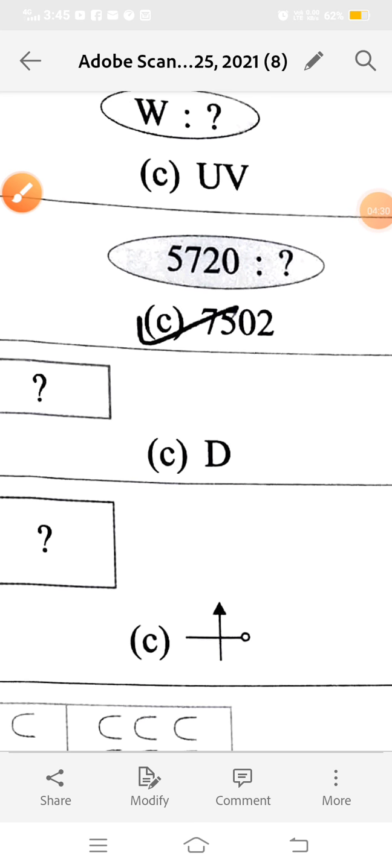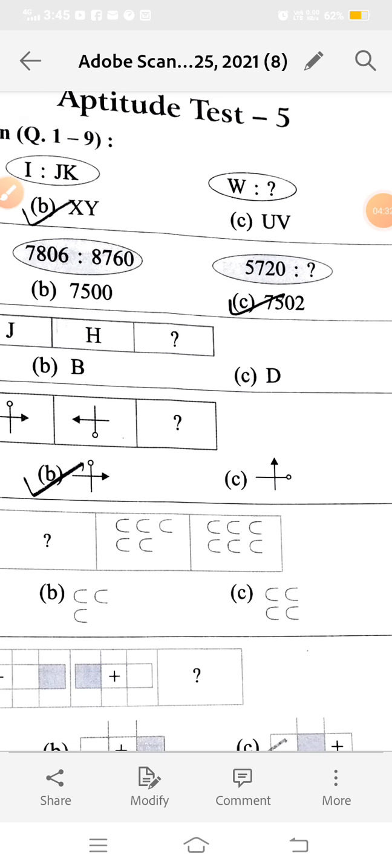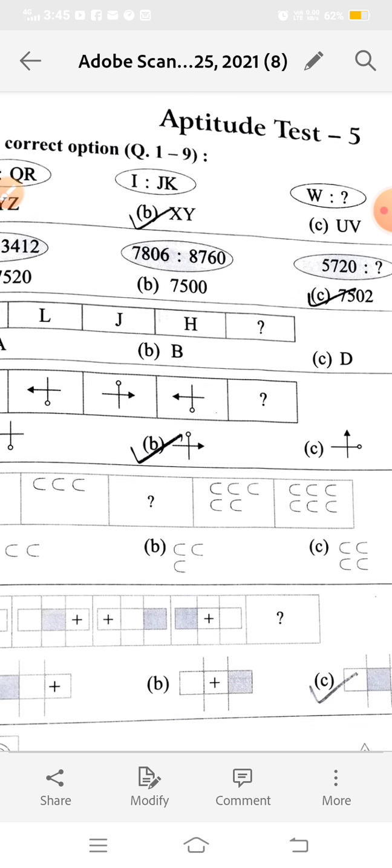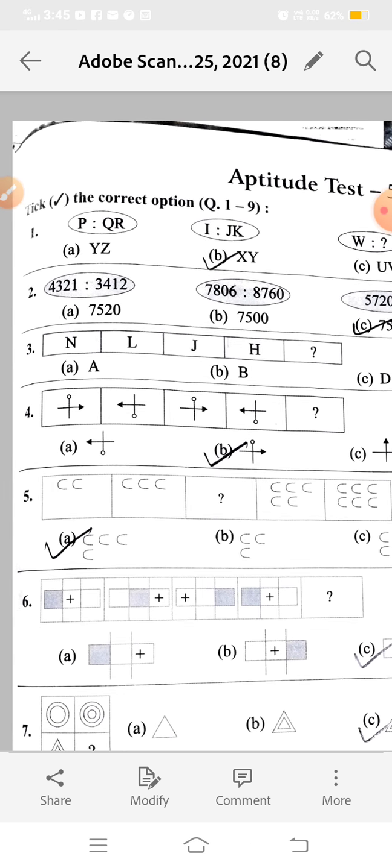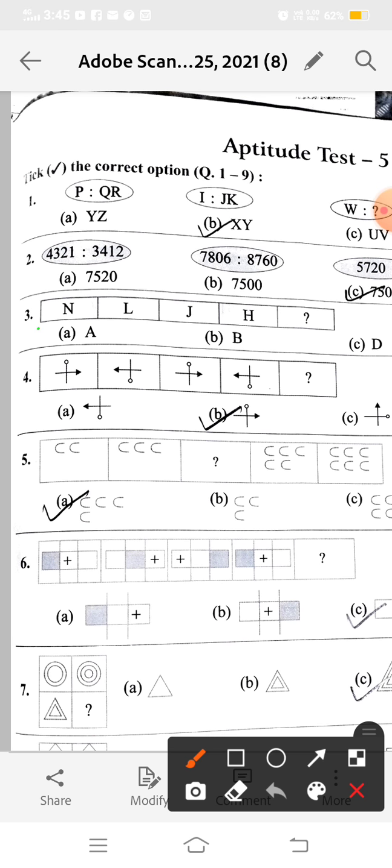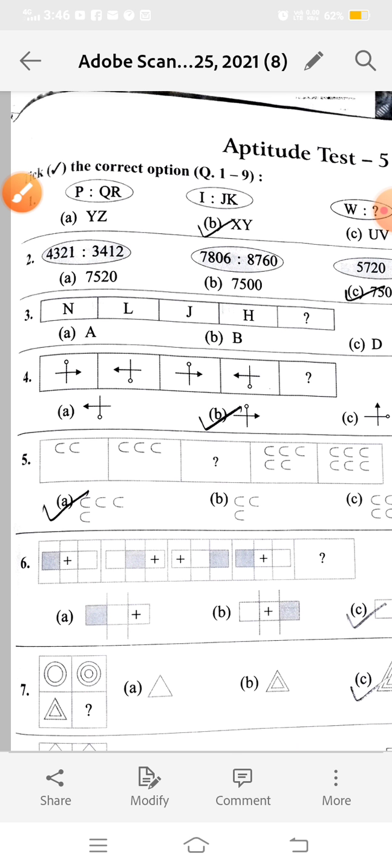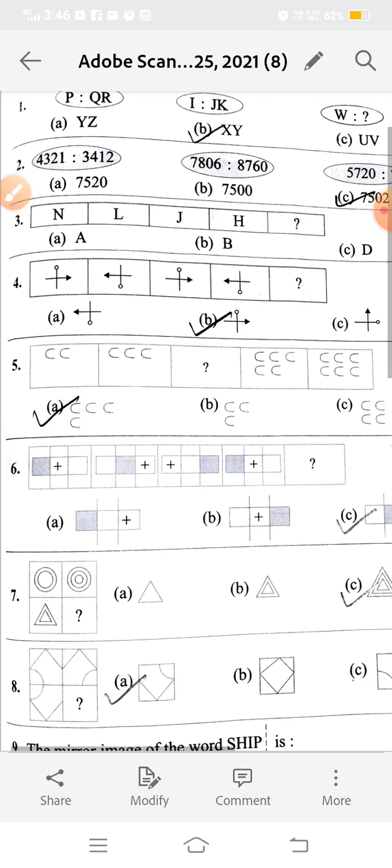Okay, now see, question number 3, 4 and 5 you have to do yourself in your homework. You have to observe the pattern.